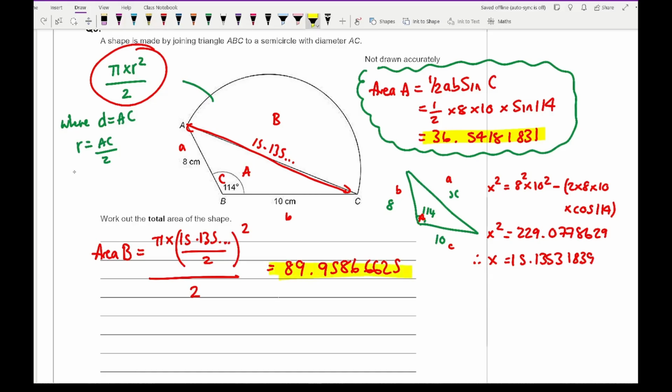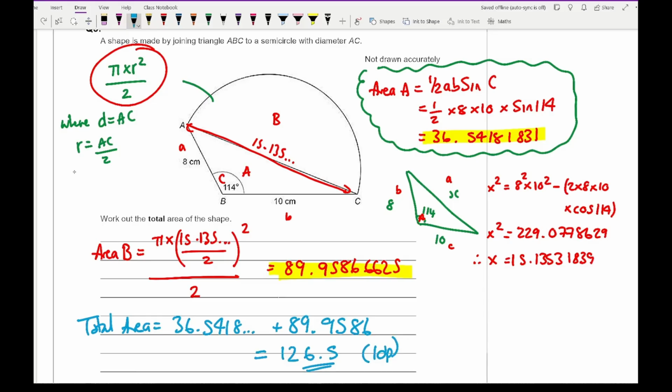So then to work out the total area, let's use a different colour. So the total area is going to be 36.5418, and you don't need to use all the decimal points, just a few, plus 89.9586, and I should come up with an answer of 126.521 to three decimal places. Now the answers they would accept to give you full marks are basically any answer between 125.99 and 126.572.